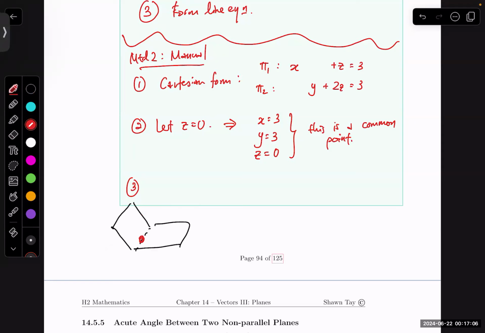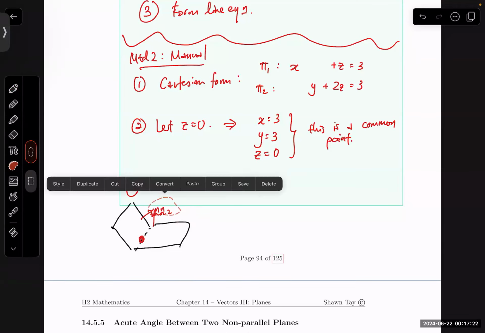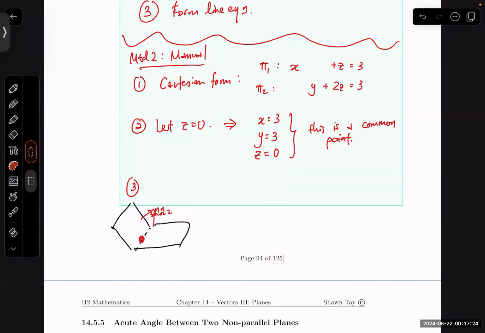Now the next part is I have a normal vector for each plane. If I cross those two normal vectors, I will get a vector perpendicular to both of those normal vectors.